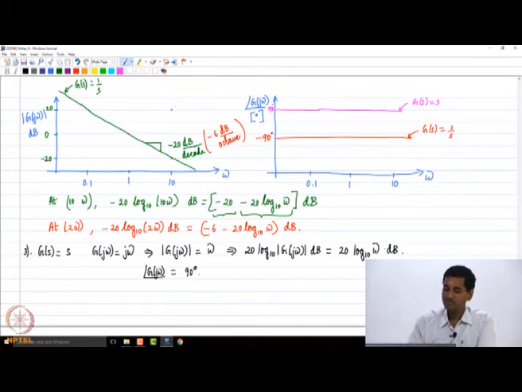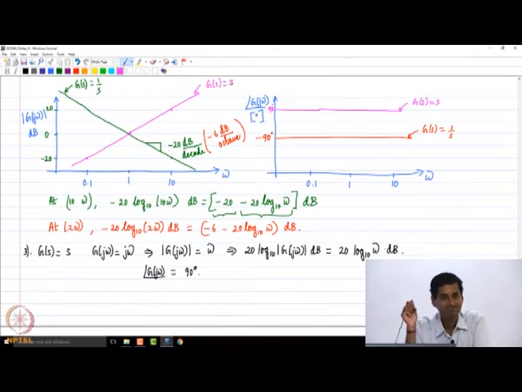At omega equals 0.1, we will immediately see that it's going to be minus 20 decibels, correct. So now if I join, this is going to be in this way. Okay, so this is the magnitude plot for the factor s.